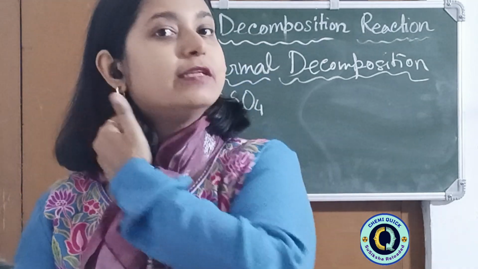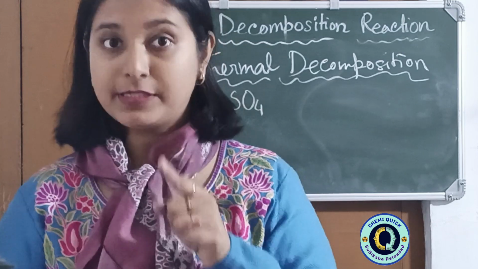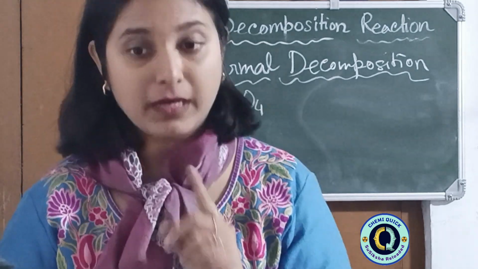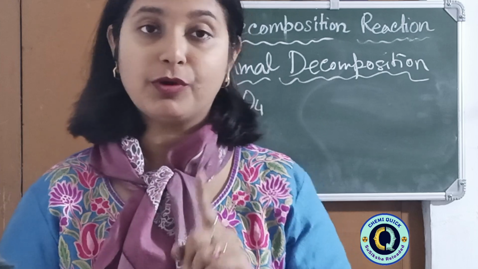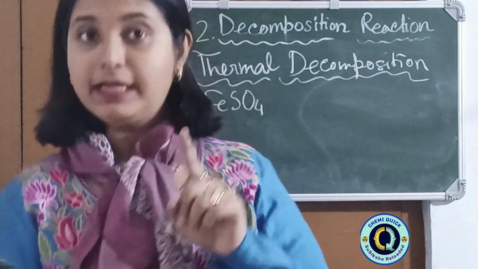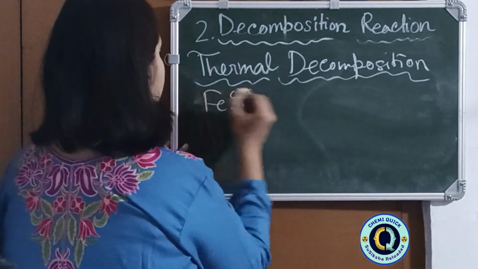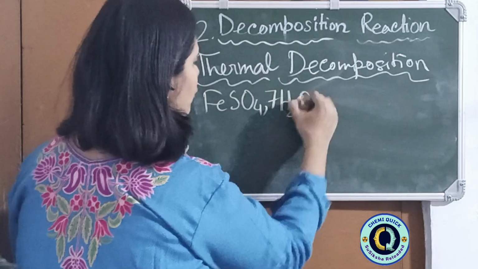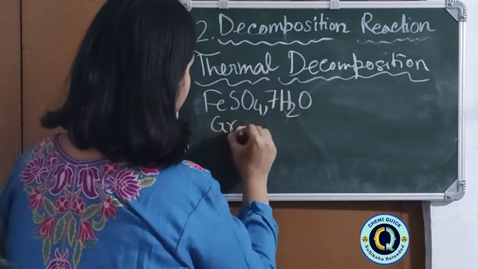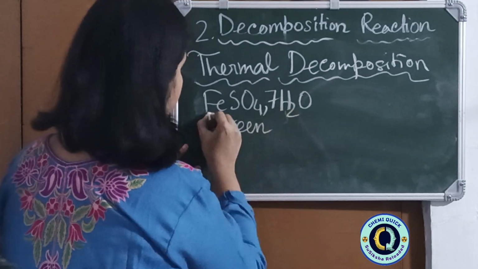So that water is there means it is a crystal, and crystal means mostly it is having some color. So here it is FeSO4 7H2O and it is having green color crystal.